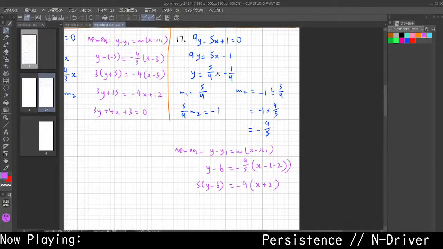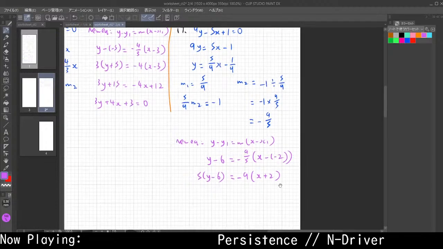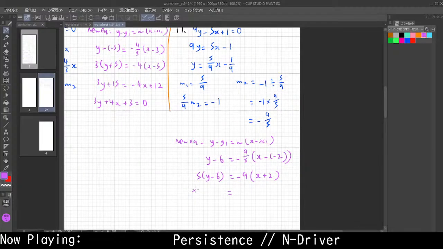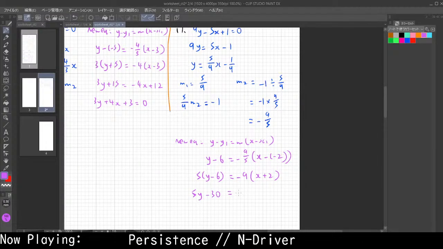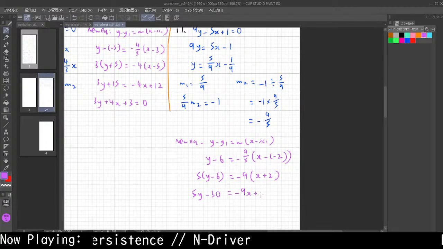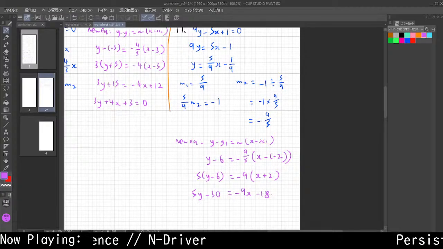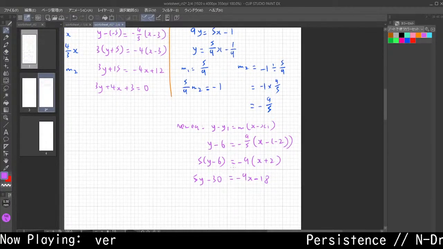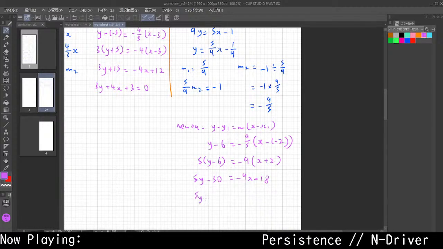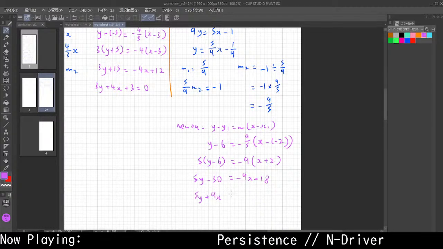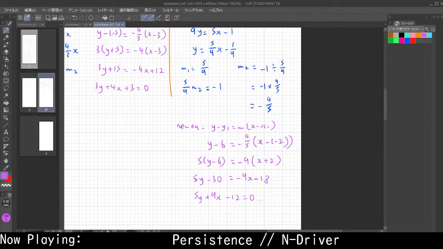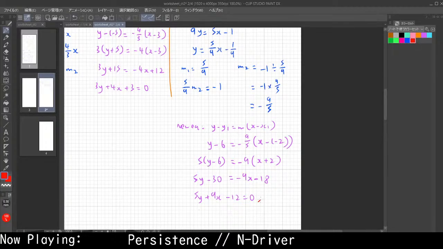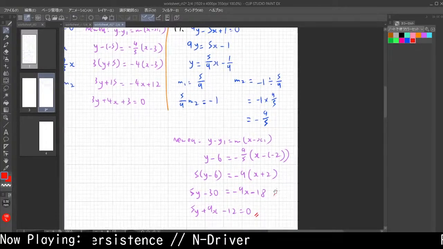Please use the new gradient. And then you don't need to simplify, this is your answer. Okay, done.